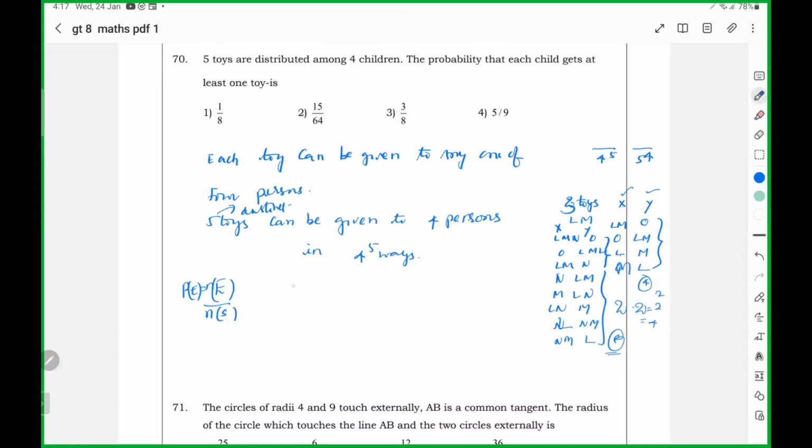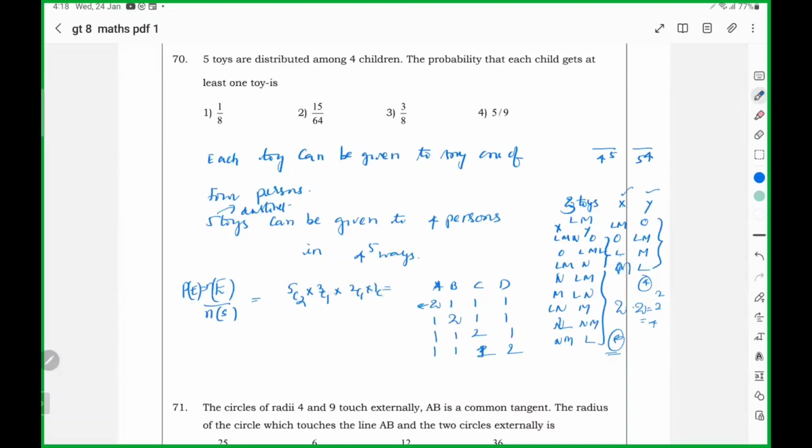So here, what is E? It means each child must get at least one toy. Here A, B, C, D, 4 children are there. At least one toy means like this possibilities. In each case, out of 5 toys, A will get any two, B will get one out of the remaining three.